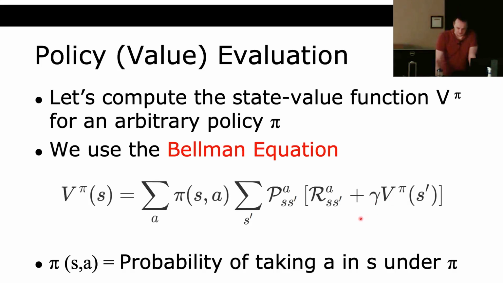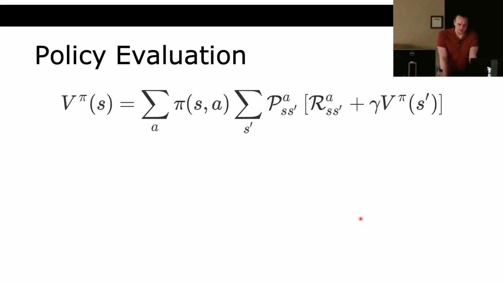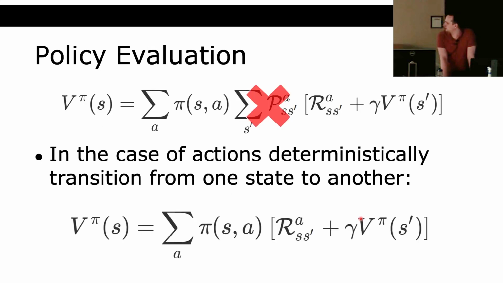Okay, so that's not so bad. Here's that formula again. Most of the time we have these deterministic environments, where actions deterministically transition things to each other, so this is a much more reasonable, understandable version of that algorithm.